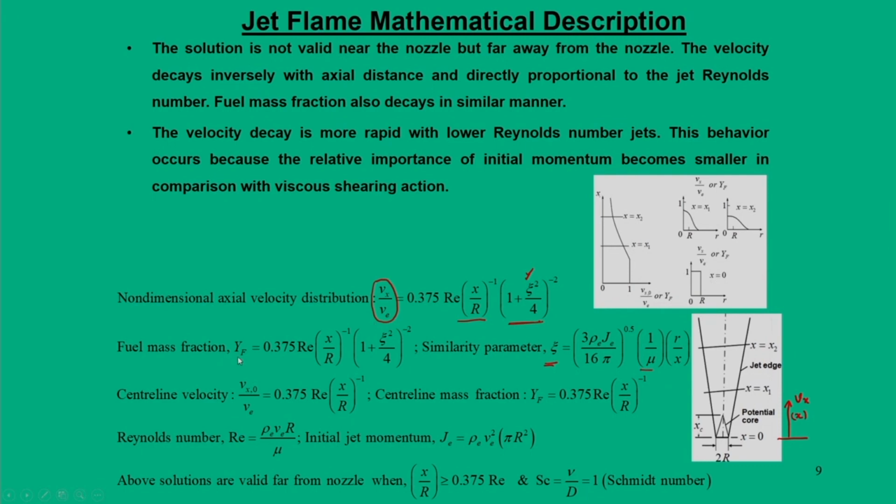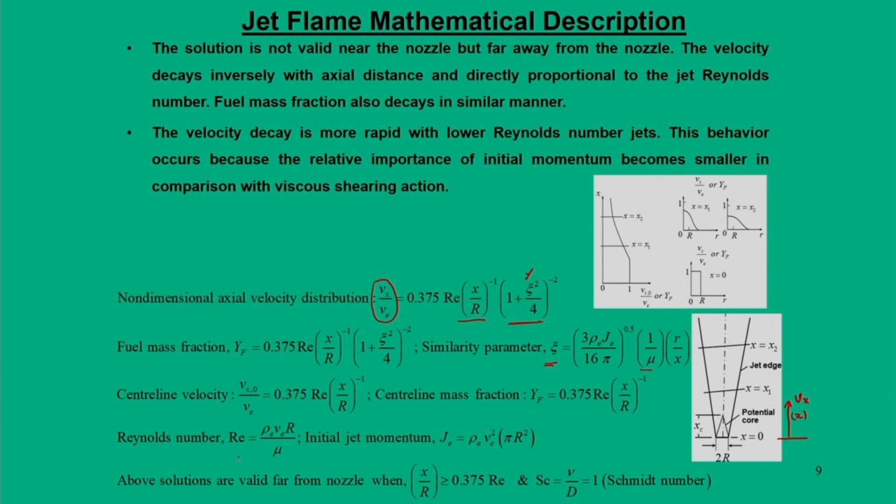If you see both expressions, they are almost the same. That is the reason the decay of velocity distribution and fuel mass fractions is almost exactly the same in nature. From these equations we can find the central line velocity as a function of Reynolds number and axial locations. We can also find the central line mass fractions, which are typically the highest, and with x as well as r they are going to decay.